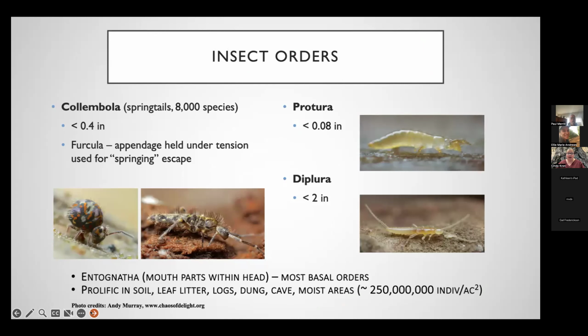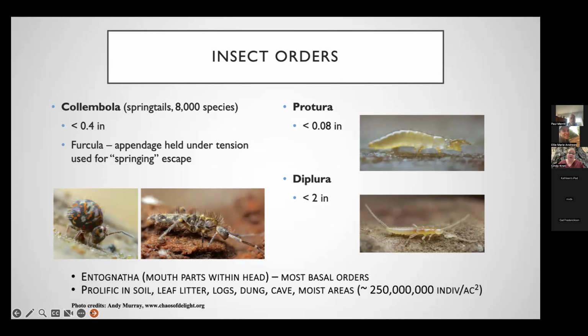Again, Collembola, which most people will probably recognize as springtails. There is a wide range of what springtails can look like, and they're pretty small, less than 0.41 inches. There's about 8,000 species that can be found.